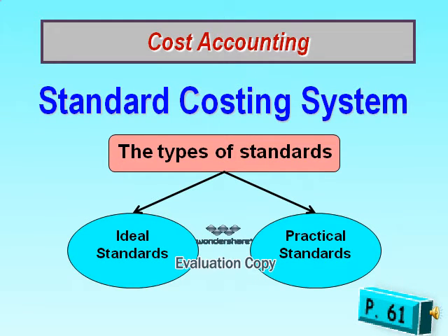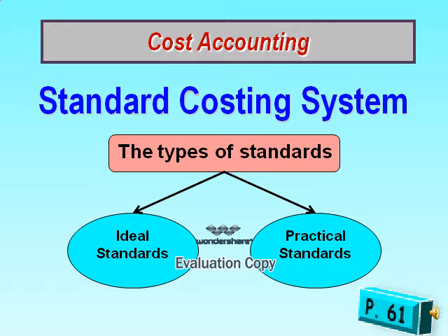There are two types of standard: ideal standard and practical standard. Ideal standard can be attained only under the best conditions. That means there are no machine breakdowns, there is no employee rest, and everything is working right at 100%. The other type is practical standard.